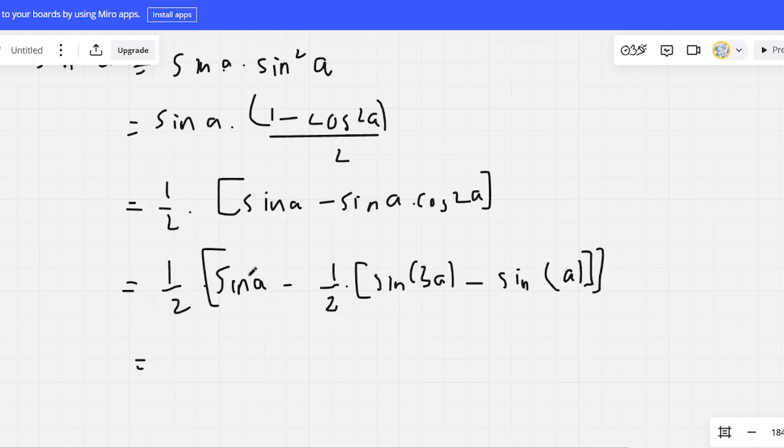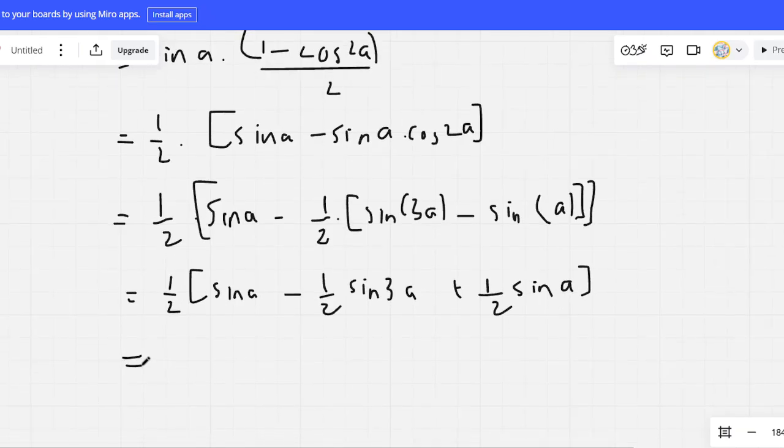And what this gives us is very simple. Sine A minus, the minus with the minus cancels to become a plus. So we get 1/2, which will give us this. So it will be 1/2 times sine A minus 1/2 sine 3A plus 1/2 sine A. So here we go.